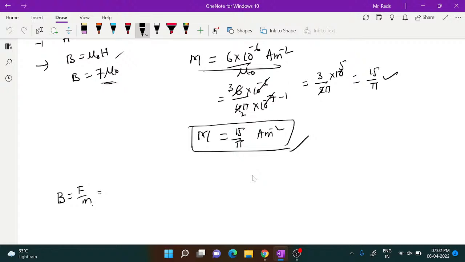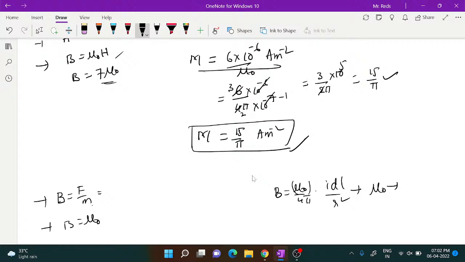If that is the case, you have to rethink. You have to think that if B is equal to mu naught H, from Biot-Savart law, B is equal to mu naught by 4 pi into I dl sin theta by r square, right? From this you can say the unit of mu naught will be B r square by I dl. So here is ampere, this is meter square.